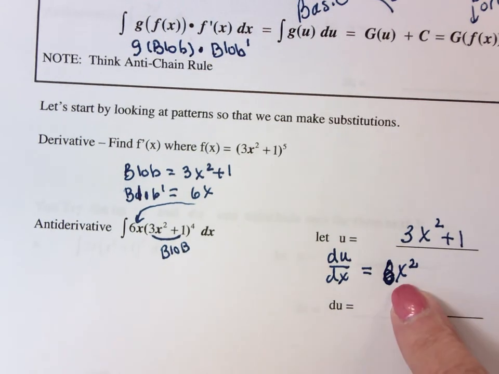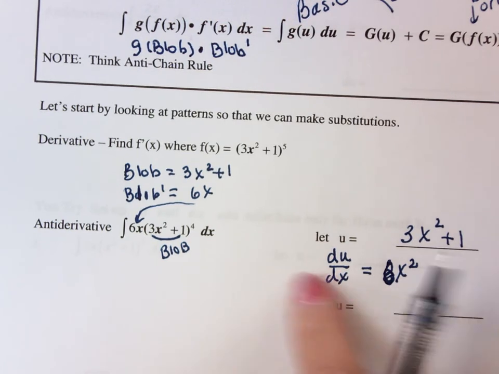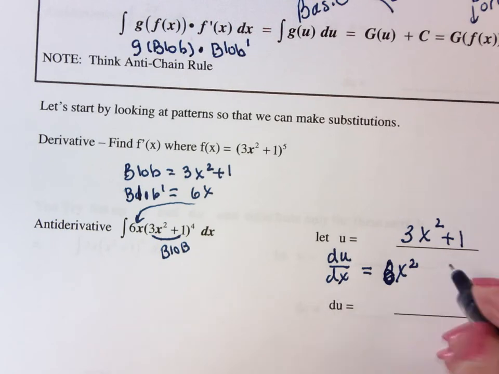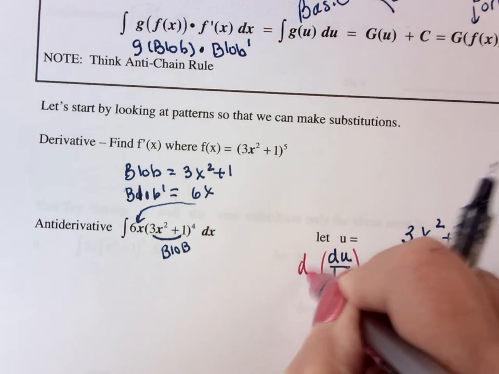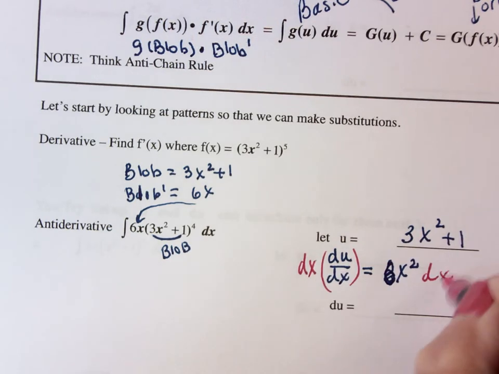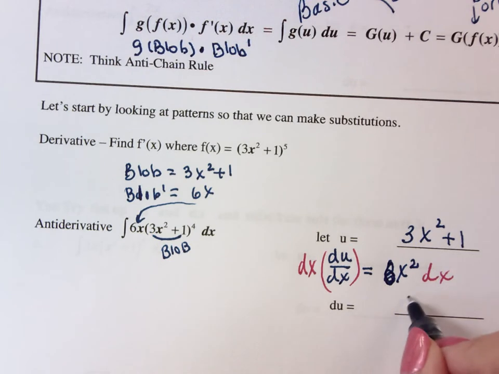In this integrand, I have to replace all x's in terms of u. There can be no x's surviving. So multiply both sides by dx. You get that du is going to be 6x squared dx.